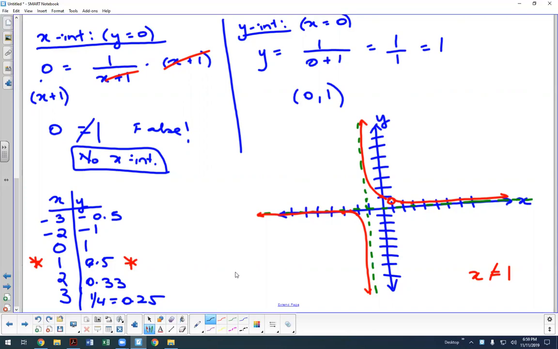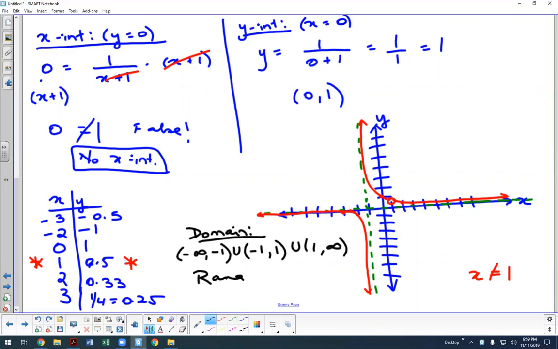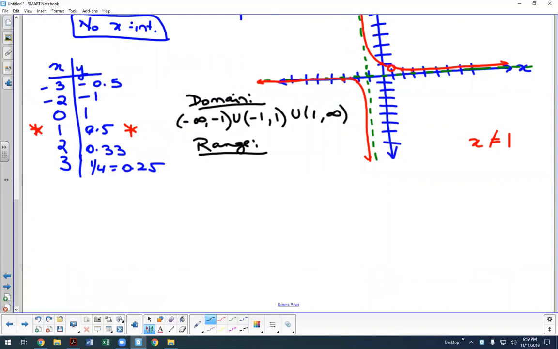So let's rewrite that as we got from the top: -infinity to -1, -1 to 1, 1 to infinity. But what can you say about the range for this function? Would it be... Go ahead. I don't know, because I don't know what happens at that one weird point with the y.